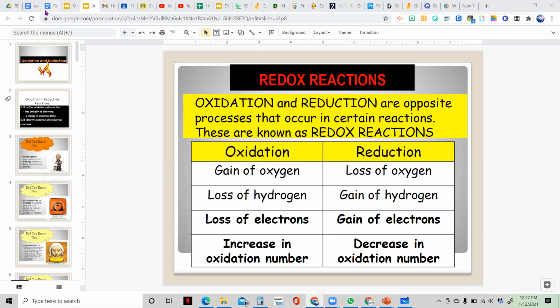So what was oxidation number? Let's just remind ourselves. What was the oxidation number? Anyone remembers? So your oxidation number pretty much is the number of electrons that would have been lost or gained had the species or the element entered into an ionic bond.